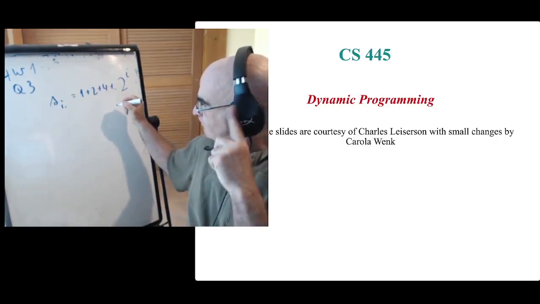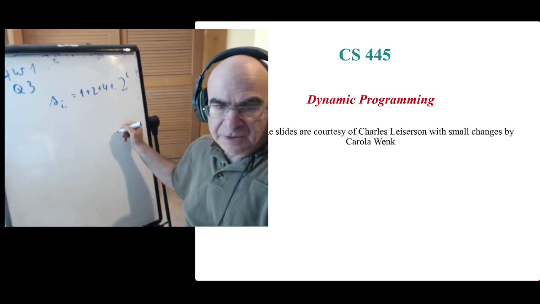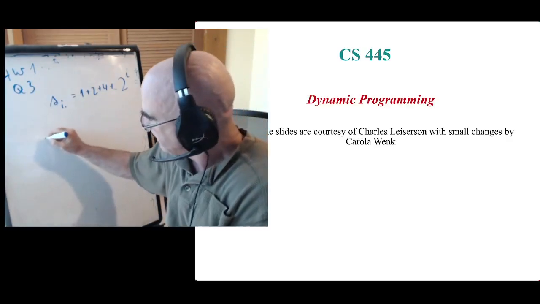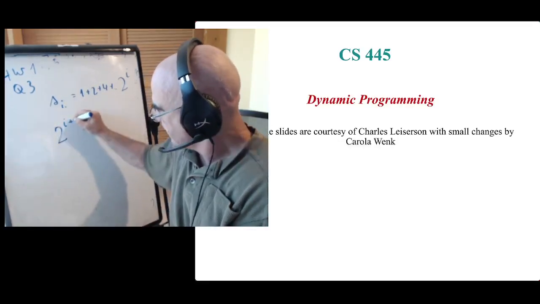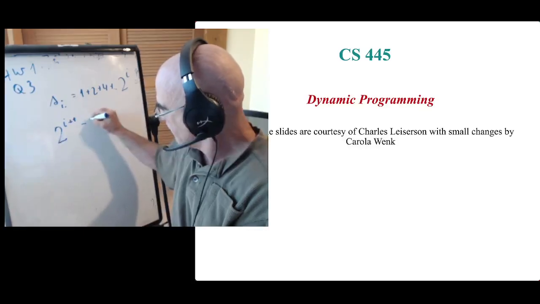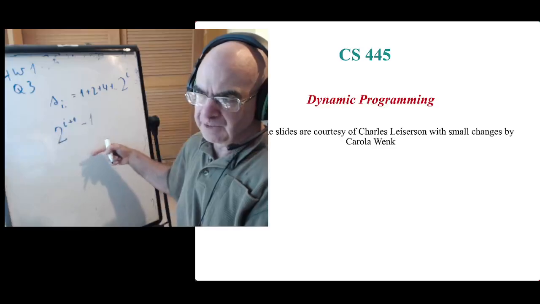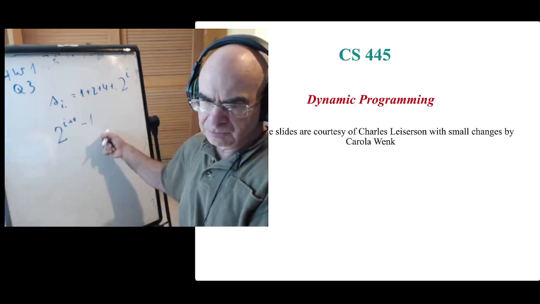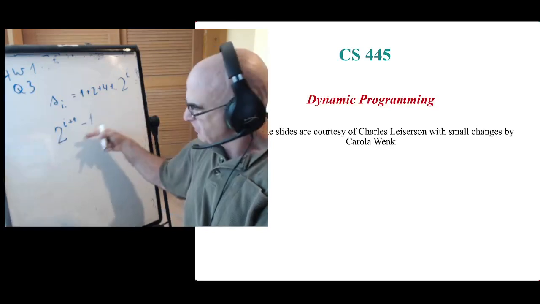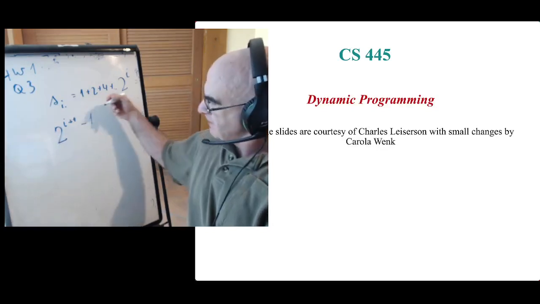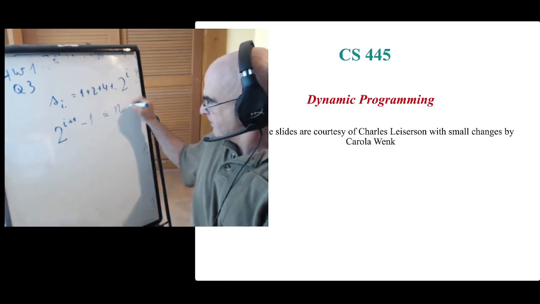This number is just 2 to the i plus 1 minus 1, divided by 2 to the 1 minus 1, so that's divided by 1. Let's just call it 2 to the i. And this sum could keep running as long as this number is smaller or equal than n.